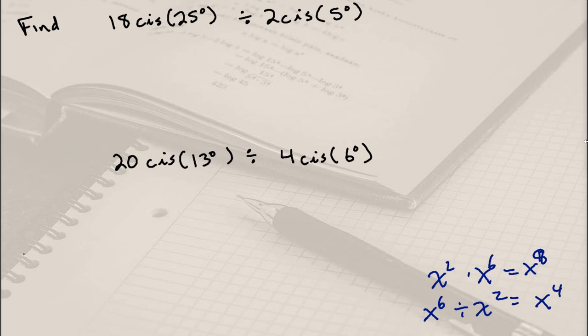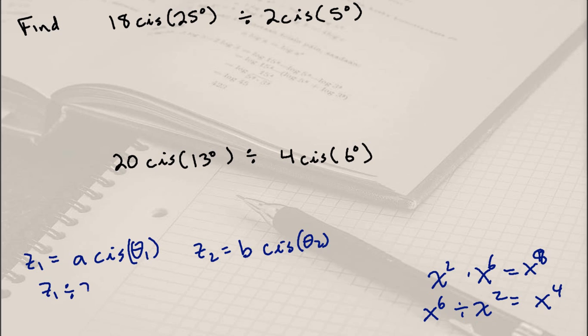For any two complex numbers, if we have the form A CIS theta 1 and our second number is B CIS theta 2, then if I want to divide those, my answer is going to be A divided by B CIS, subtracting our angles.